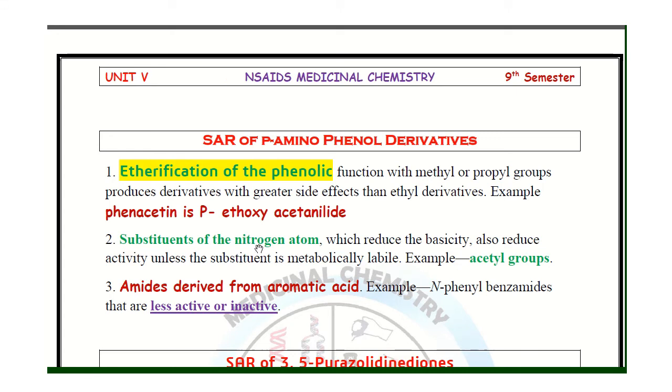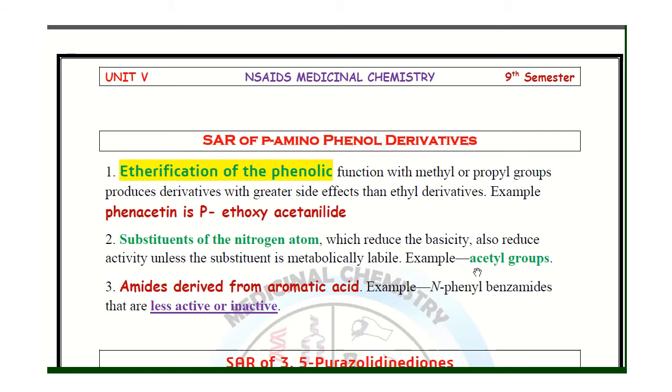Substitution of the nitrogen atom. If we substitute the nitrogen atom, it may reduce the basicity but also reduce the activity, unless the group is metabolically labile. So the nitrogen atom can only be substituted if it is converted into a derivative or metabolite that easily undergoes metabolism, that is, metabolically labile.